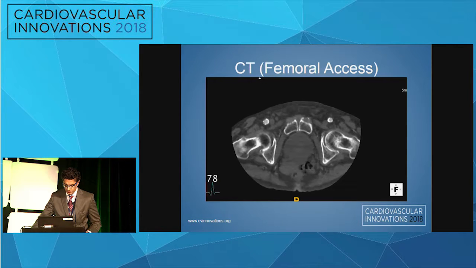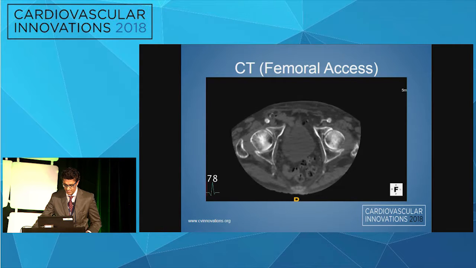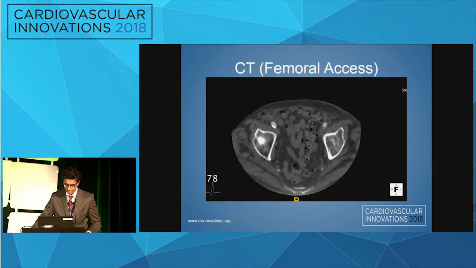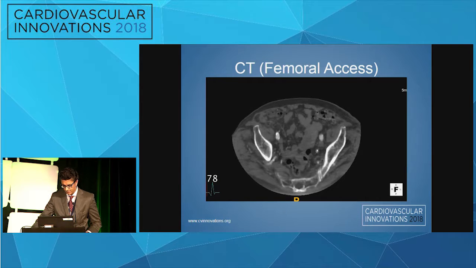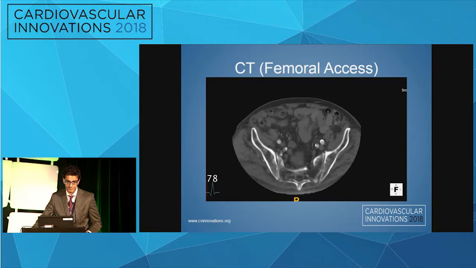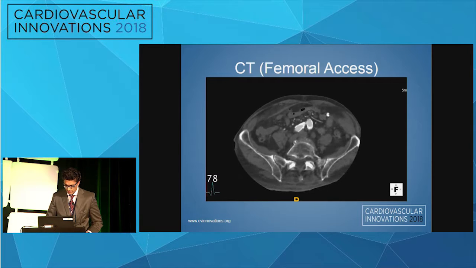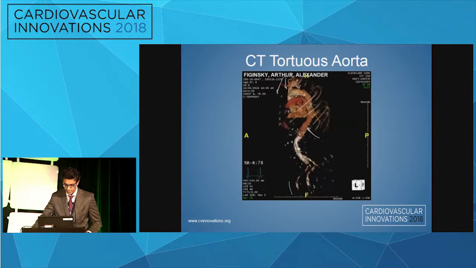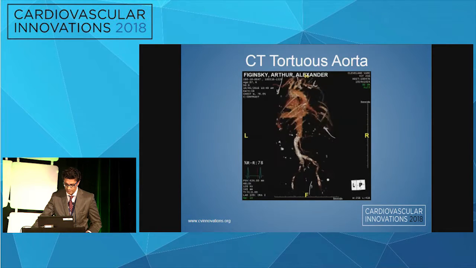Just pay attention to when the femoral head is displayed right there, and then you can see the access on both sides. So, fairly good access for a transfemoral case. And this shows the tortuosity of the aorta in a 3D reconstruction.